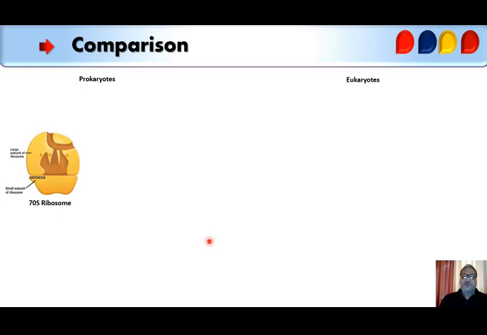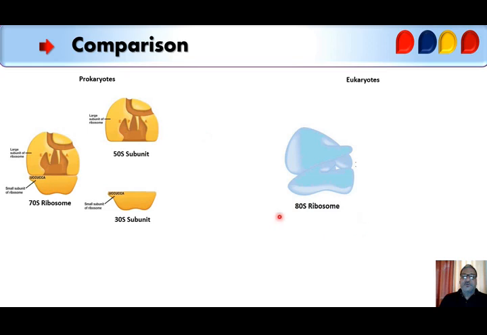A prokaryotic ribosome has a sedimentation coefficient of 70S, with 30S and 50S subunits, whereas a eukaryotic ribosome has a sedimentation coefficient of 80S, with the larger subunit being 60S and the smaller subunit 40S. The composition of eukaryotic ribosome subunits is also more complex than prokaryotic subunits, but the function of each subunit is essentially the same as in prokaryotes.